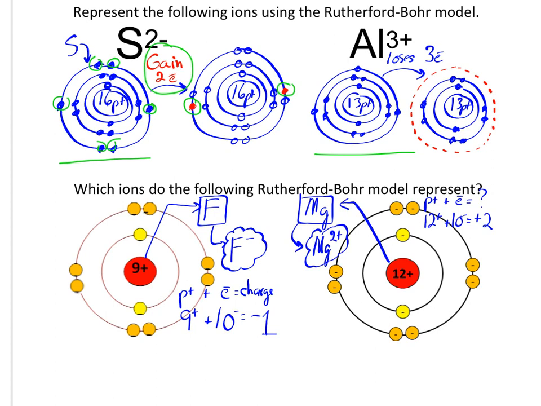For aluminum, here we have the regular atom with 13 protons and 13 electrons, and the total charge would be 0 for a regular atom. But aluminum has 1, 2, 3 valence electrons, so it's going to be easier to lose 3 electrons, and that's easier than having to gain 5 to have your last shell full.